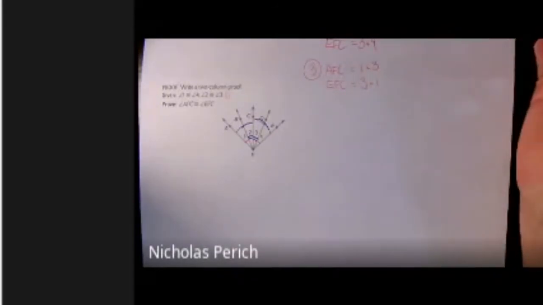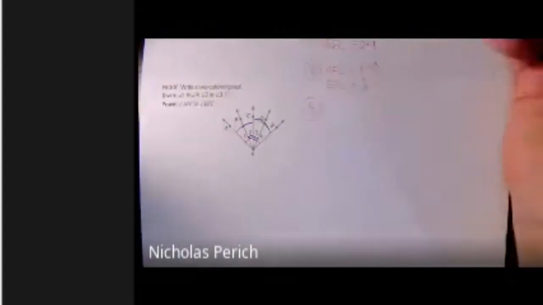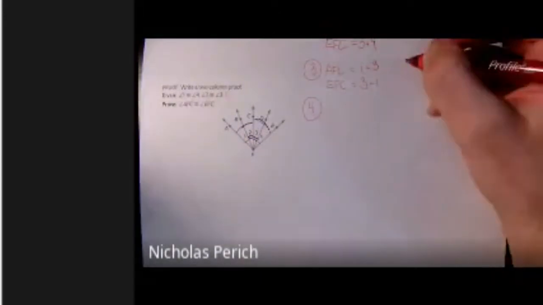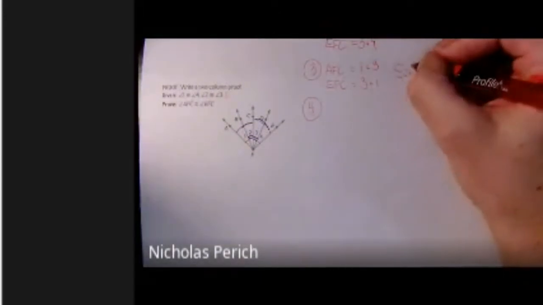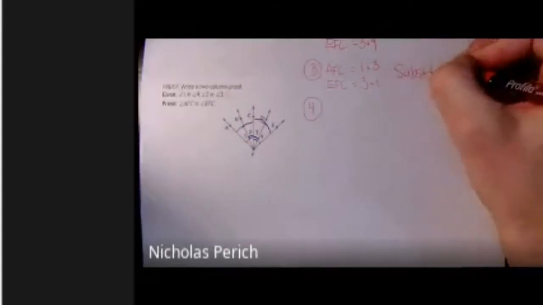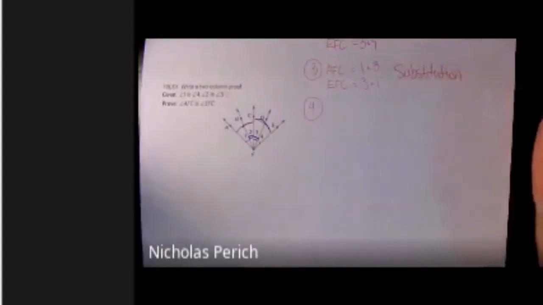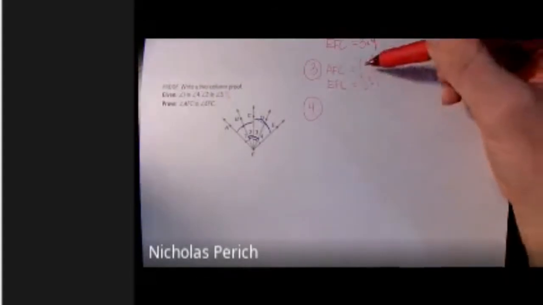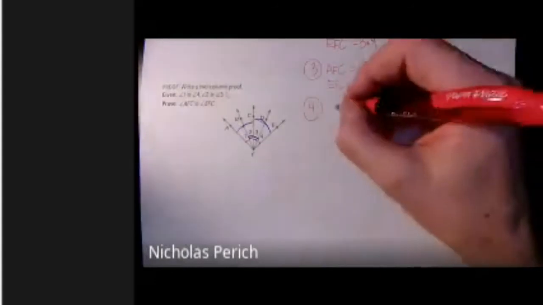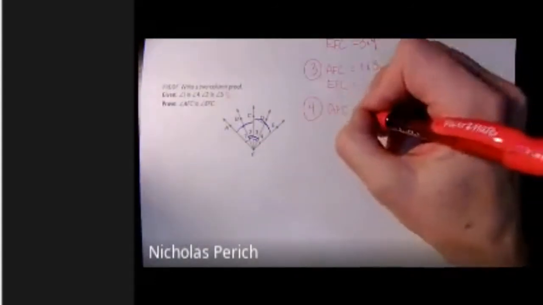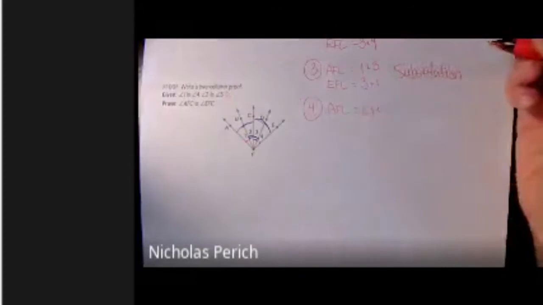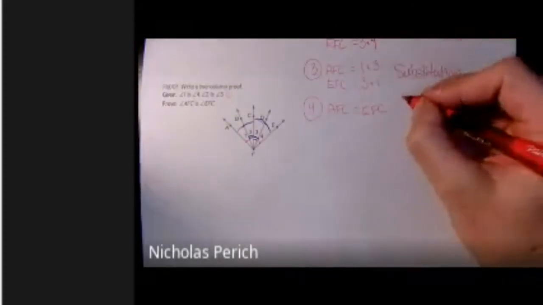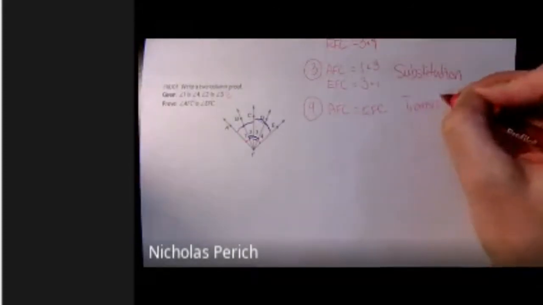And looky, looky, look what I just did. Because I said that, I can now say what equals what. If AFC is 1 plus 3 and EFC is 3 plus 1, they're both 3 plus 1 or 1 plus 3. So I'm going to say that they are equal to each other. And that, of course, is the transitive property.